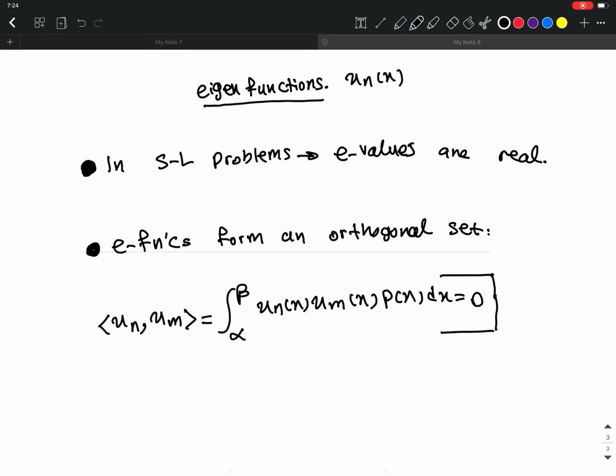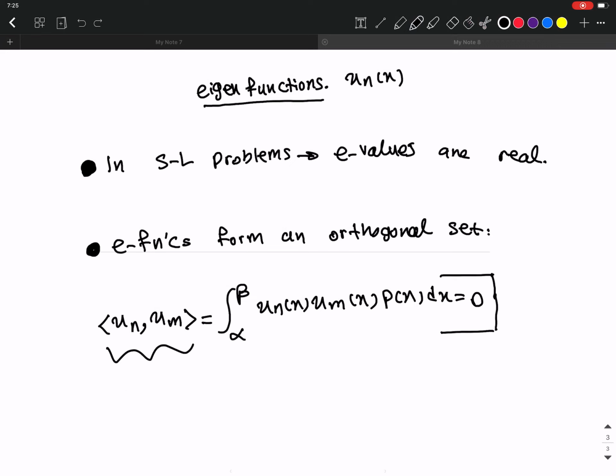And just so you know, this is the way we define an orthogonal set in the Hilbert space with L squared norm. You don't need to know the details, but this is the way we take the inner product of two functions in the Hilbert space with L squared norm.